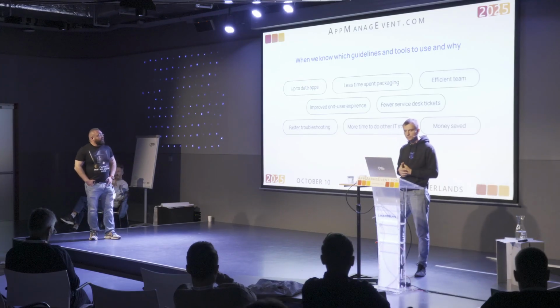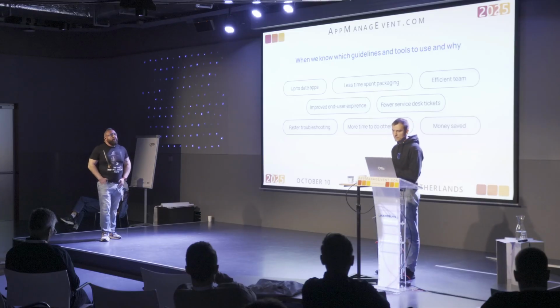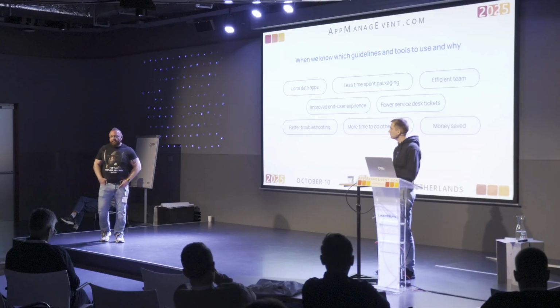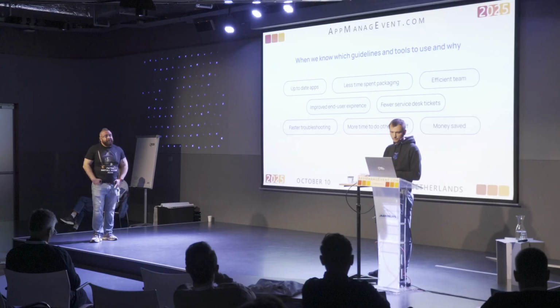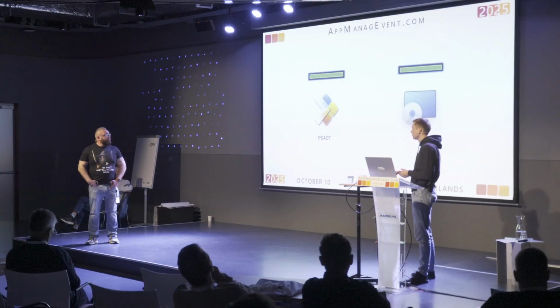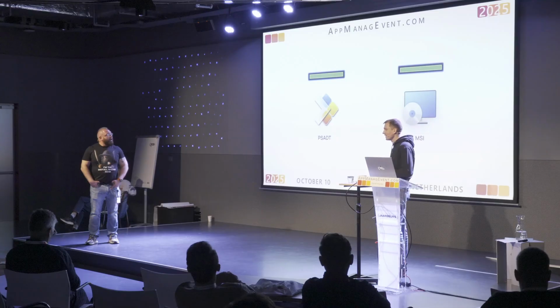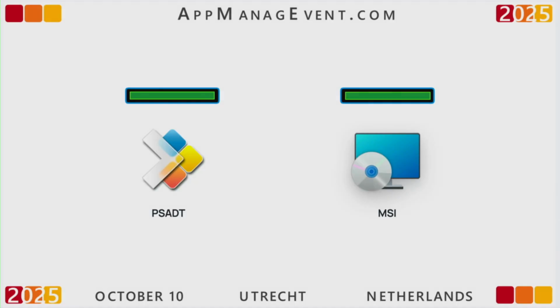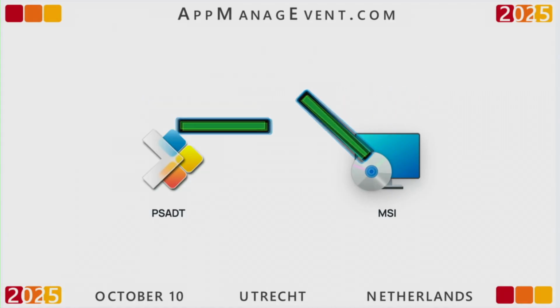Basically, if you have an automated mechanism or a standardized process for packaging applications, then you're going to be reducing the amount of time spent on packaging and the number of tickets that get generated. So which one won? I don't think there's any clear winner. I think it just proves that both work better together.